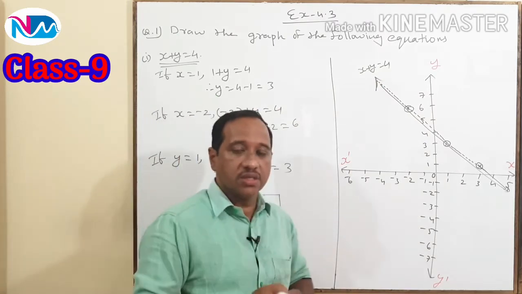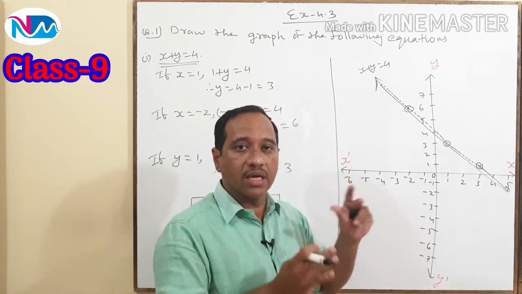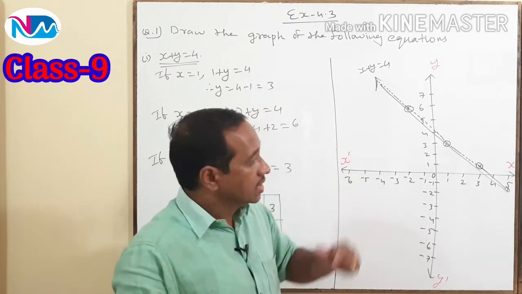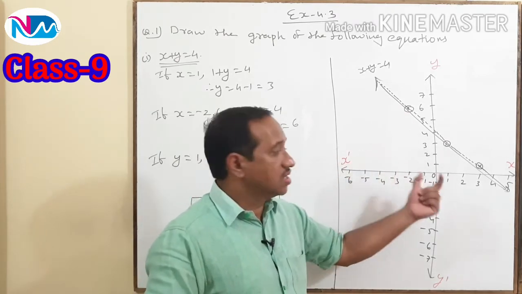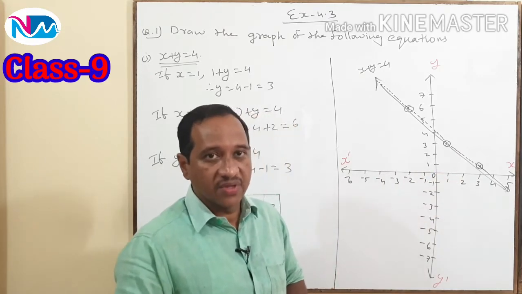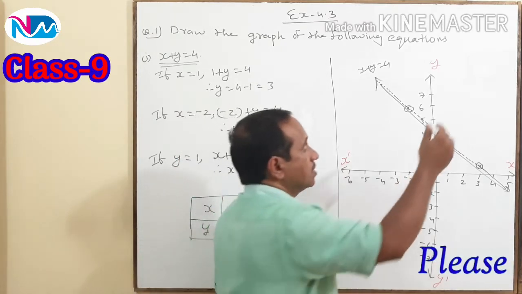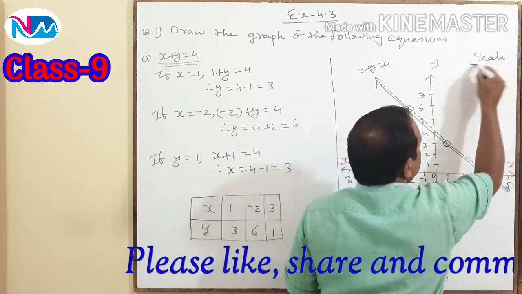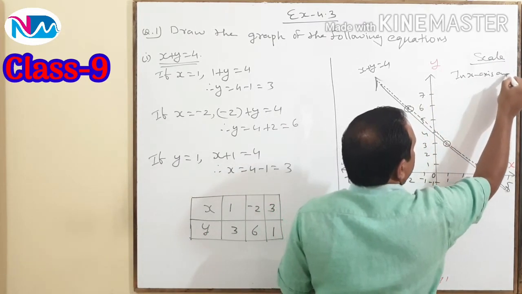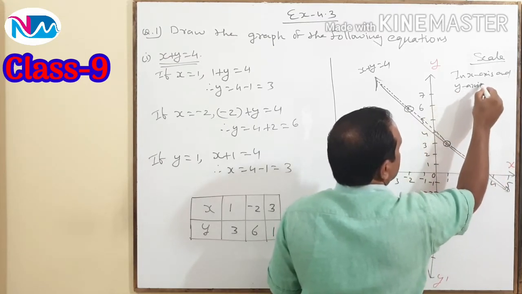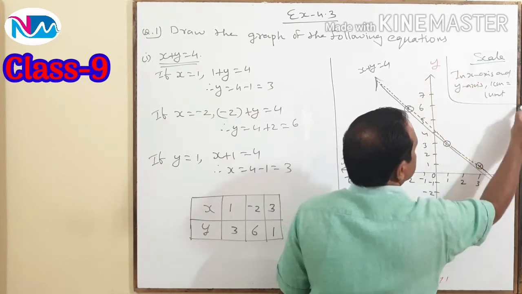Here we have to mention one more important piece of information in the graph, that is the scale taken along the x-axis and y-axis. Here along the x-axis as well as y-axis, I have taken 1 centimeter is equal to 1 unit. So that must be written on the right top corner of the graph paper. Scale in x-axis and y-axis, 1 centimeter is equal to 1 unit.